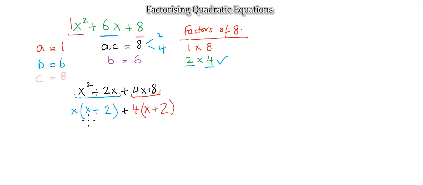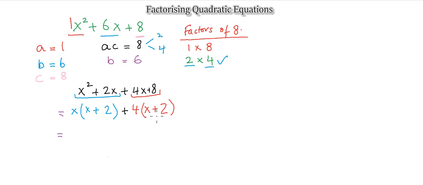So now going on after this, what we have to do is just write them down into two brackets. The easiest way to write them down into two brackets is I like to call it the insiders, which are the expression inside the bracket, and then the outsiders, the expression that's outside the bracket. So inside the bracket, we know that we have x plus 2, they're both the same.